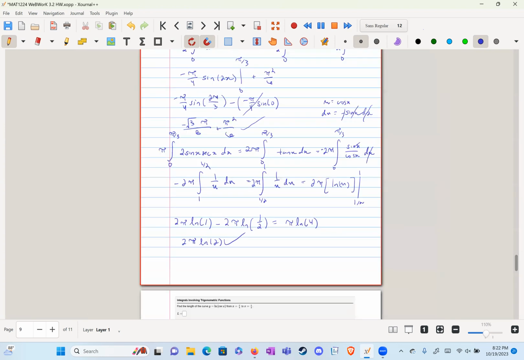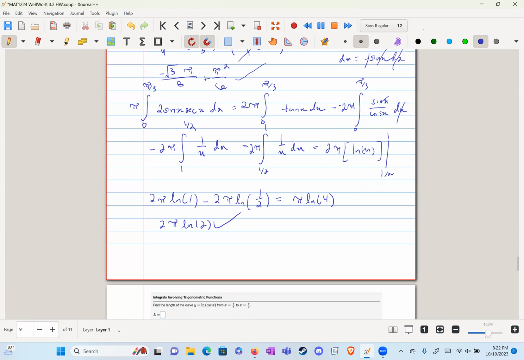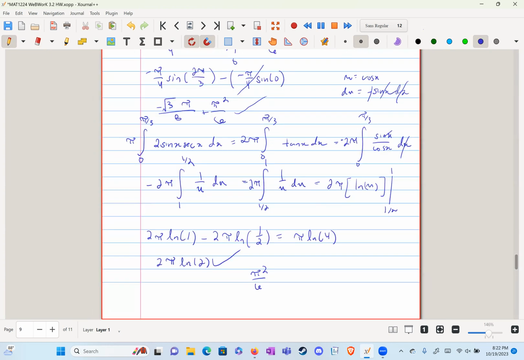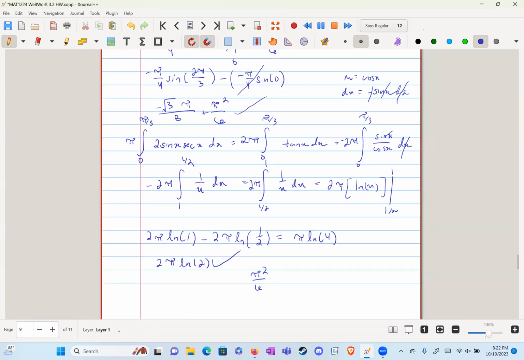Now we have all parts of our components, and we put it all together. We have pi squared over 6 minus square root of 3 pi over 8 plus square root of 3 pi plus 2 pi ln of 2.